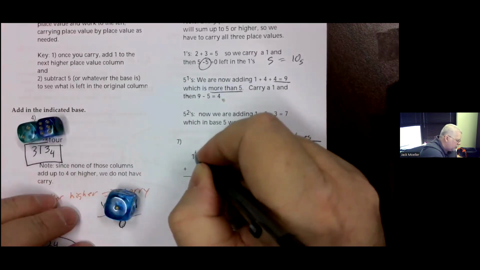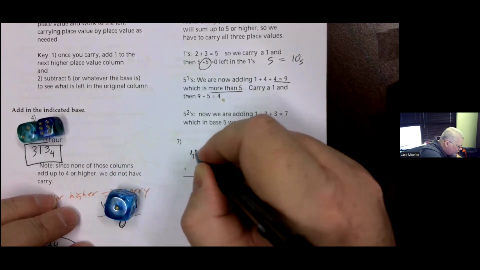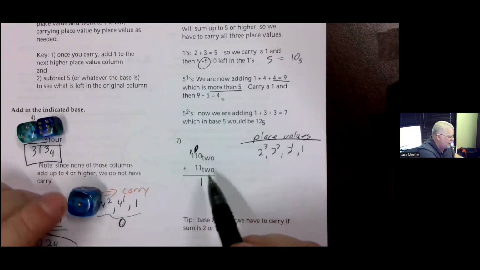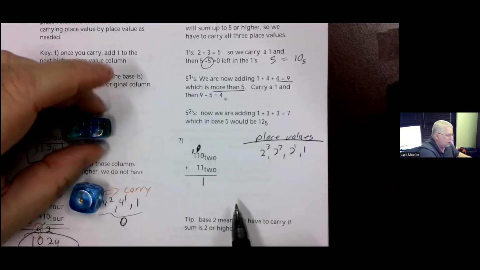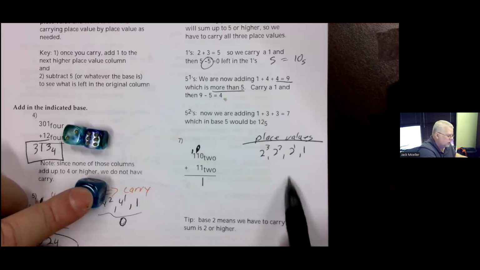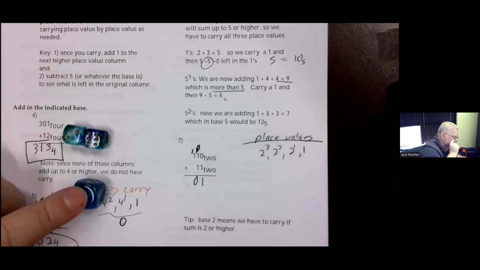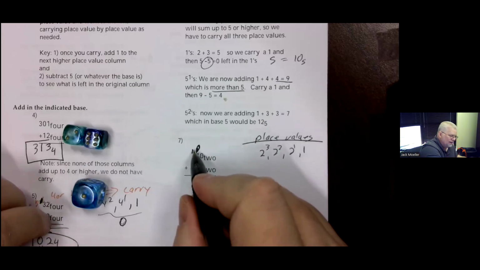So there's a carry in the third column. We're working on the second column, so there's a carry over to the third column. And what is left in the first column? Nothing, because the 2 we had became the next higher place value. So 1 plus 1 in base 2 is 0 plus 1, basically 10.